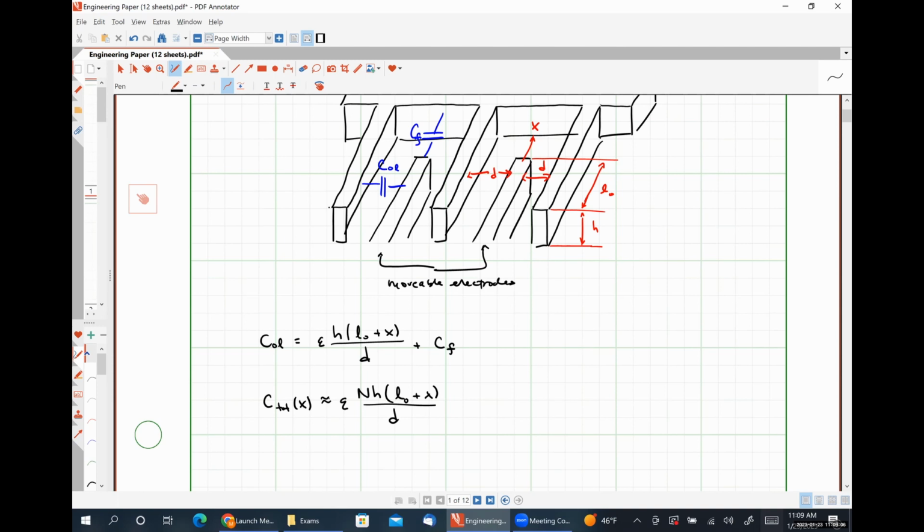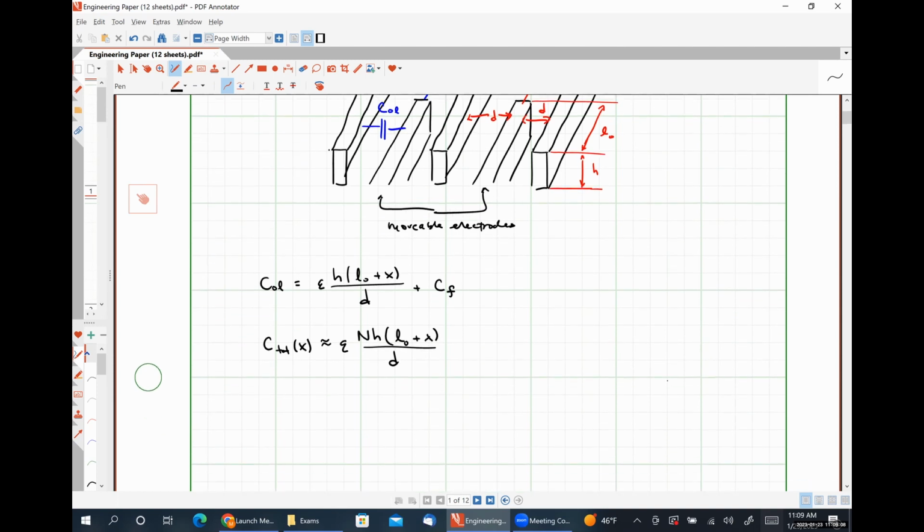So from here, we can determine our electrostatic force that is generated by our applied voltage. So our electrostatic force Fe as a function of X, much like in Friday's class, will simply be the derivative of the energy stored in the capacitor system, which is 1/2 CV squared. So the force will be the derivative of 1/2 CV squared.